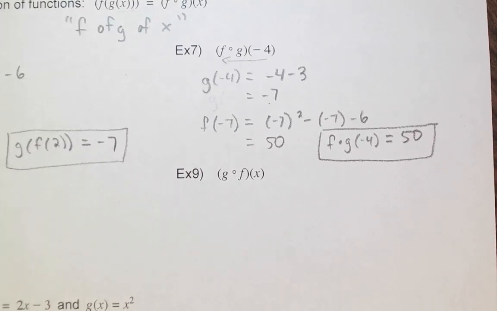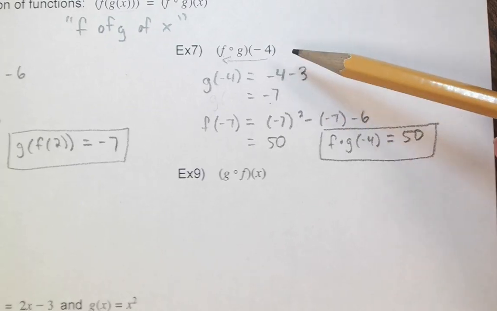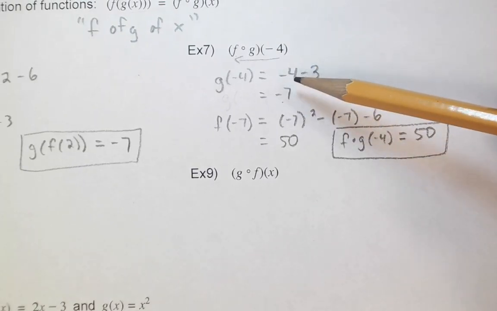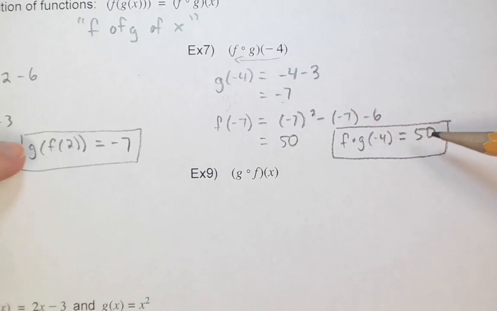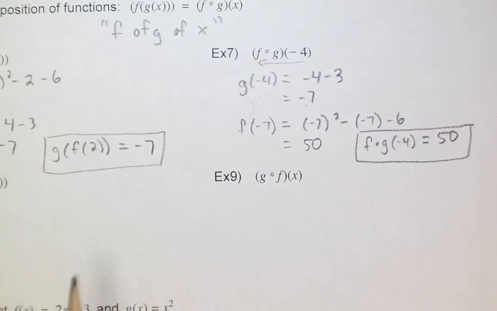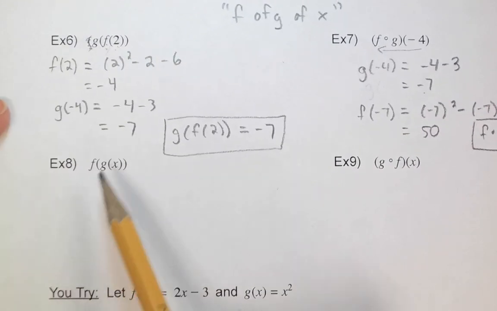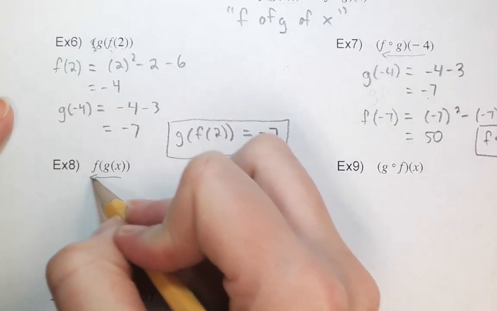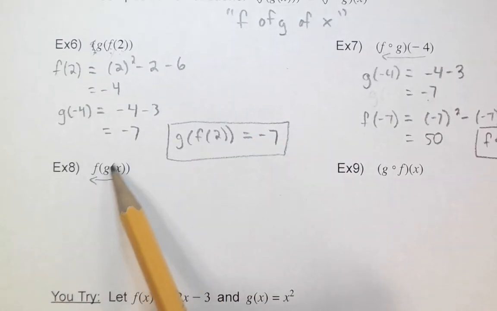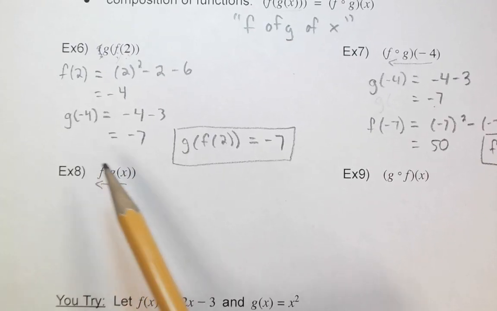All right, and two more. This is when you have a number that you are substituting in on example 6 and 7 here. You're going to get a number answer. These, example 8 and 9, we are going to get expressions as our answers. So what this one means, again, working from the inside out, is I'm going to take the function g and substitute the whole function in for the x's in the f function.